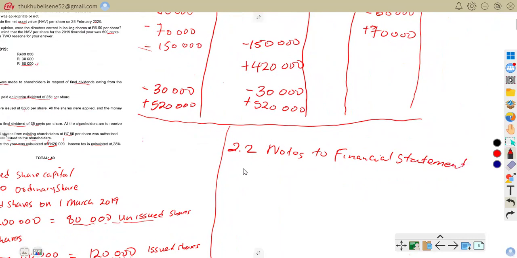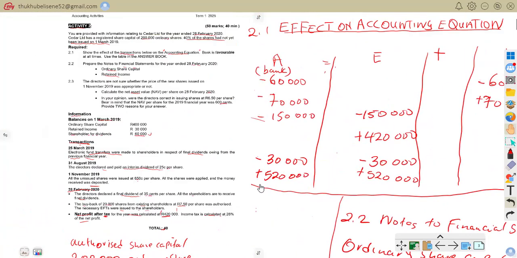And we are going to start first with ordinary share capital. That is the note that you're going to start with: ordinary share capital. So that is the first note that you're going to do, as we were asked here in the questions.